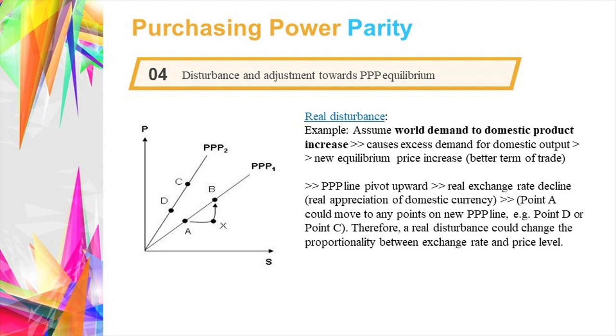The real exchange rate declines. In other words, real appreciation of the domestic currency. In the diagram, point A could move to any point on the new PPP line, for example point D or point C. Therefore, a real disturbance could change the proportionality between exchange rate and price level.